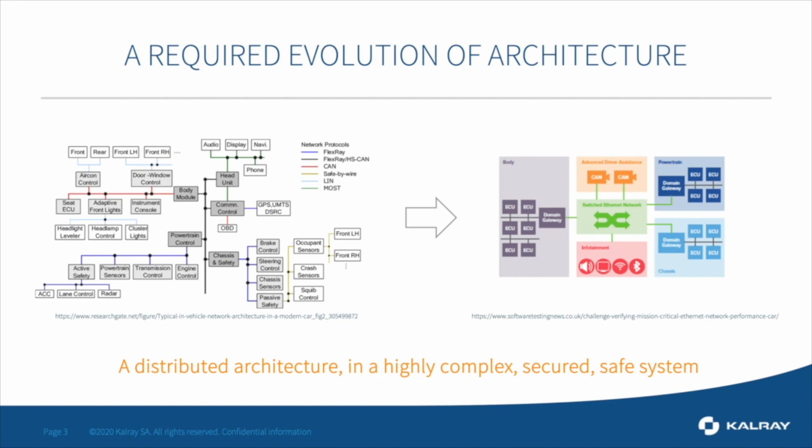That comes to the question: how do we make all these domains or zones communicate? And that comes to this type of distributed architecture, usually highly complex, that needs to look at security, of course, and safety. That's obvious.